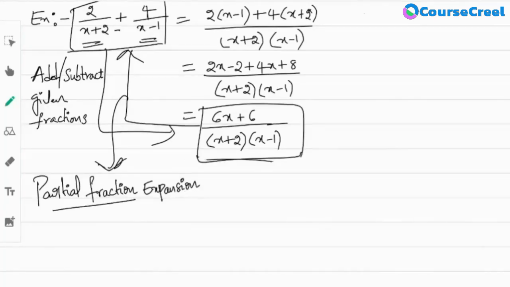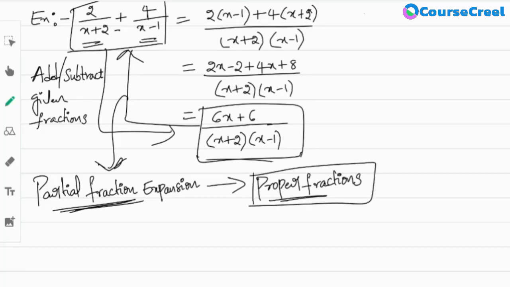And this partial fraction expansion can be used only for proper fractions. So the partial fraction expansion method can be applied only on proper fractions. And what is a proper fraction?